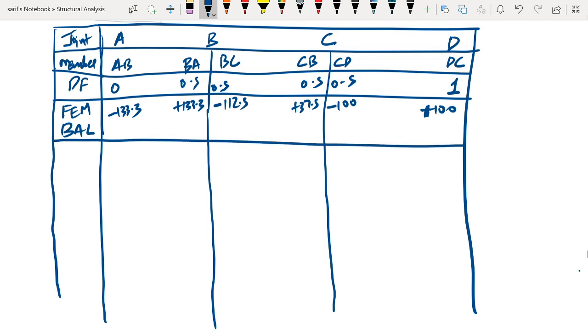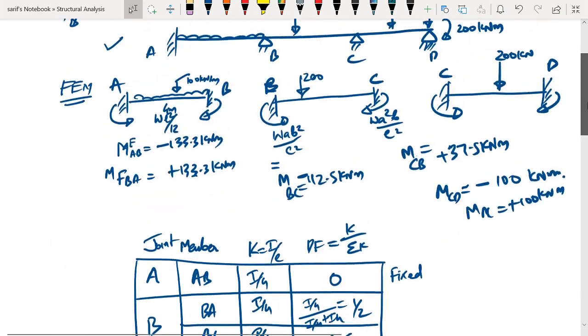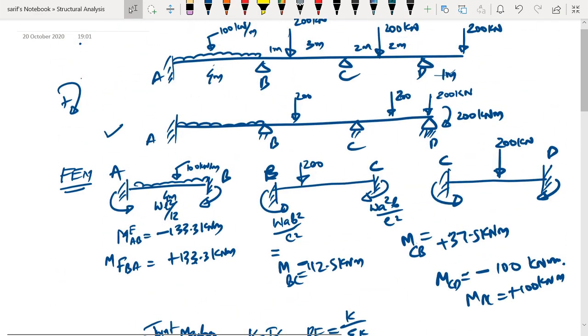Okay, now when we start the balancing process, it always has to start from the end pin or the overhanging end. So if we look here at the overhanging end, the moment that we are having is plus 100. However, in the original figure that we considered, the moment that is really at the point D is a clockwise 200.